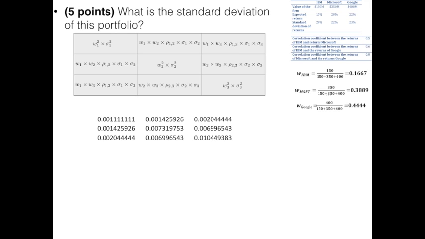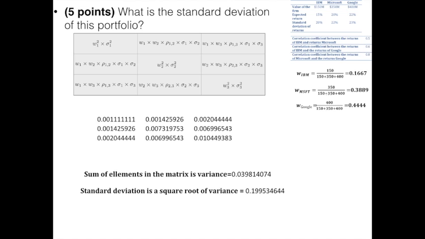You would add these numbers together. That would be the variance of your portfolio. The square root of this number would be the standard deviation of this portfolio, so this would be the risk of your portfolio. Now you have calculated the risk and the return of a value-weighted portfolio, and you have also calculated the weights yourself. This exercise also carries quite a lot of points.